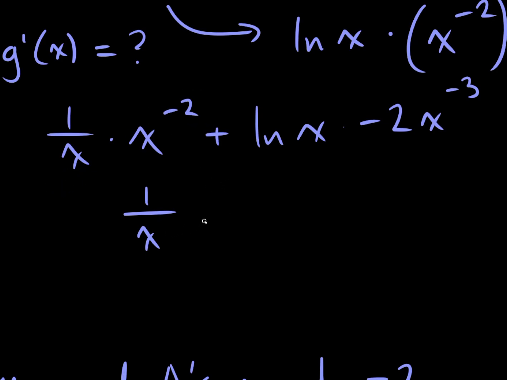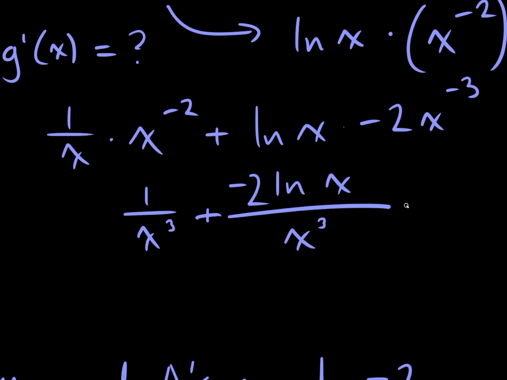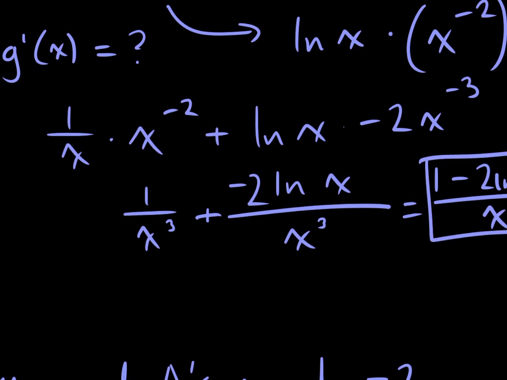And then we're going to have plus ln x times negative 2 divided by x cubed. So altogether we'll get that 1 minus 2 ln x over x cubed is the derivative of this function.